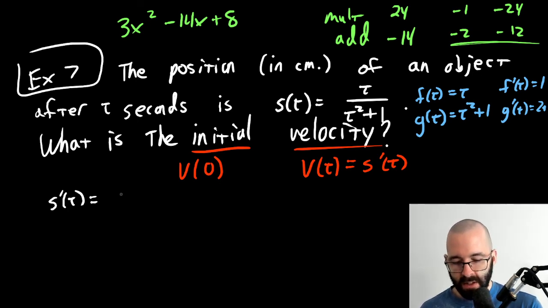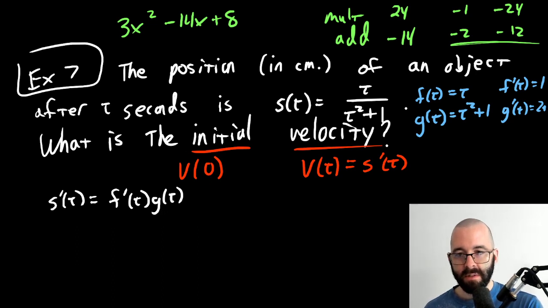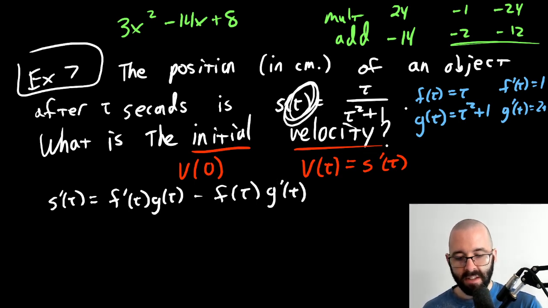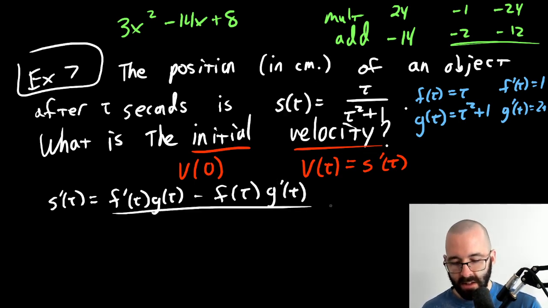So, low d high, low times the derivative of the high function minus high d low. And again, we're using t's here because our function is in t's, not x's. Square the bottom, and away we go.